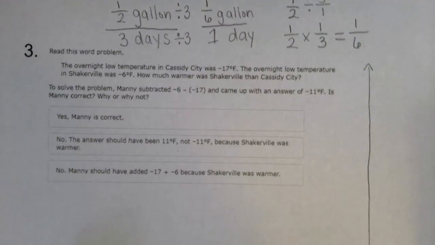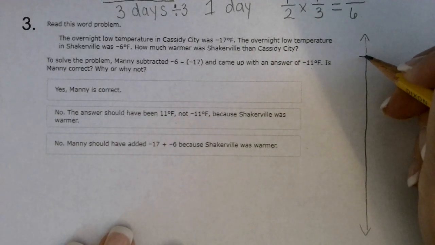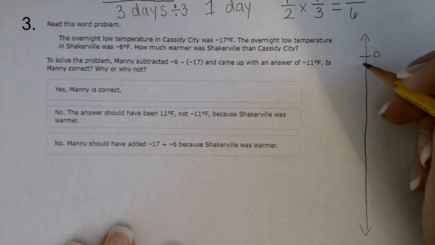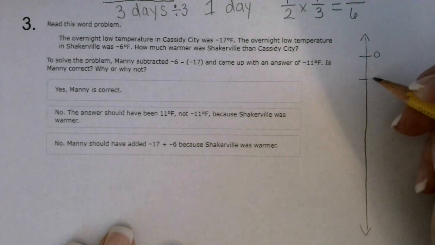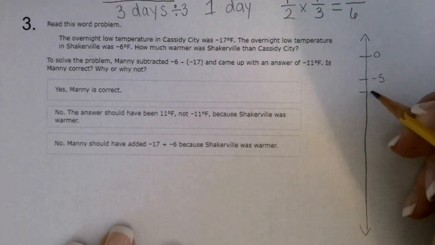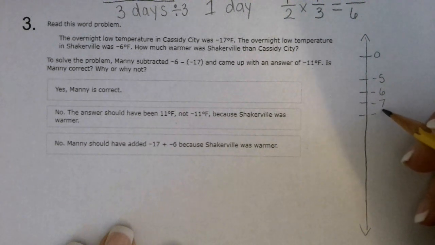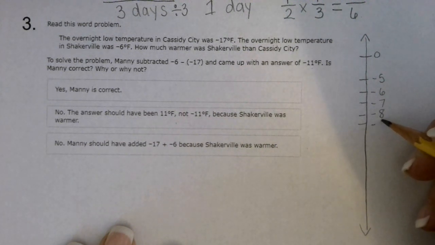It just goes vertically. So we've got this vertical number line, and we've got 0 here, and then we're going to say negative 5 is there. So then we've got negative 6, and we're going down to negative 17.